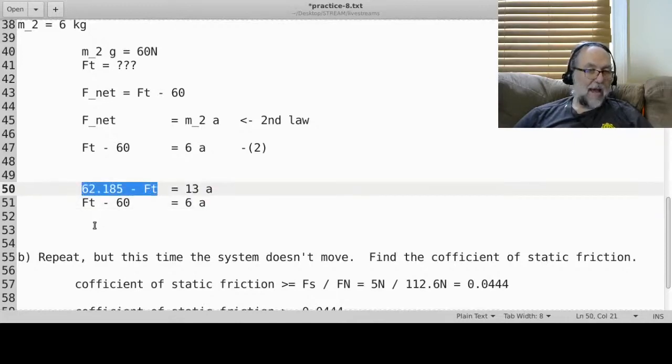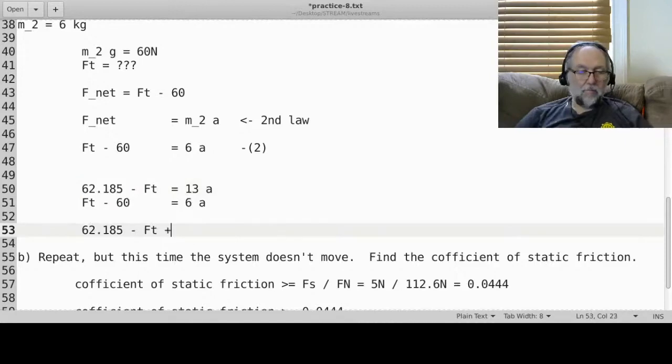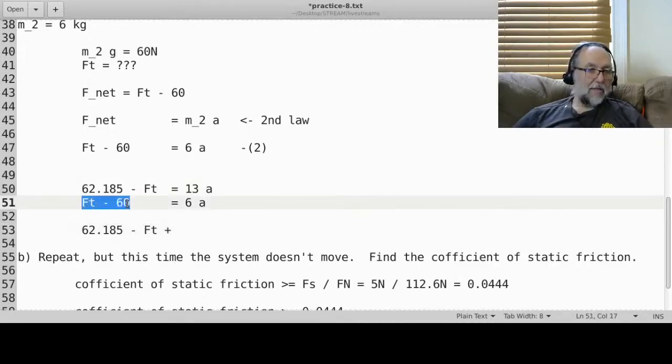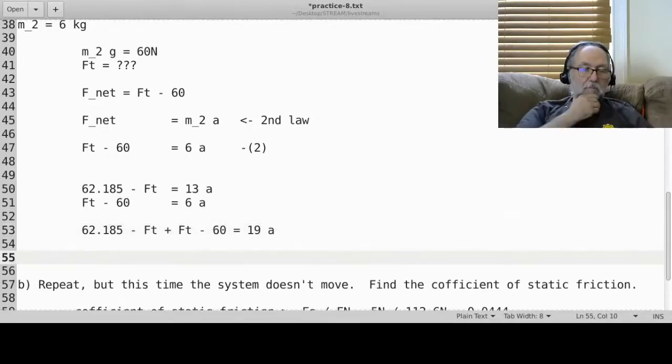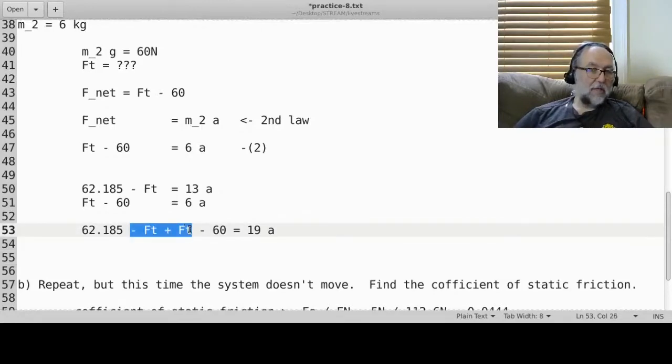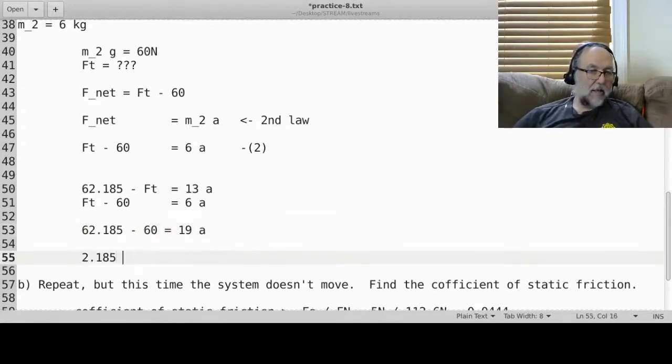That plus that is equal to 13 plus 6, which is 19. You'll see that the FTs cancel out. So then you'll get basically that 62.185 minus 60, and that's going to equal 19a.